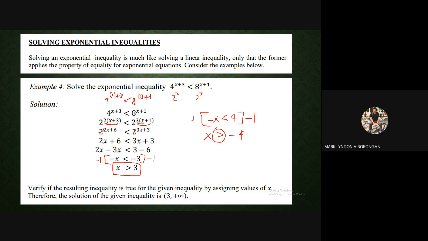The answer here, 1 plus 3, so we have 4 to the power of 4 is less than 8. So this is not true, right? Because 4 to the power of 4 should be greater than 8. 4 squared alone is already 16, so how much more 4 to the power of 4? So it is not true, right?